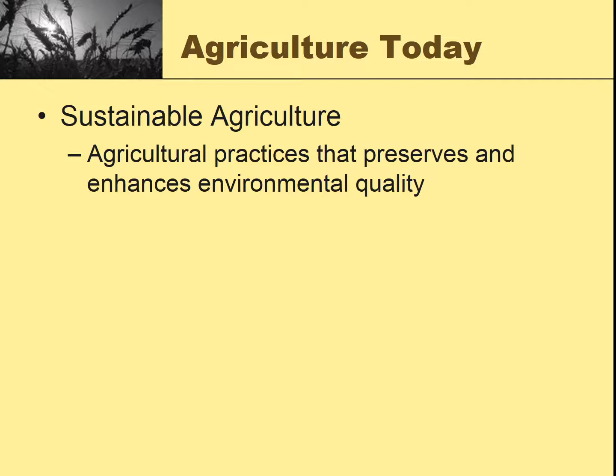Sustainable agricultural practices are those that preserve and even enhance the quality of the environment. Farms that use sustainable agricultural practices generally operate at lower costs, but there are also lower revenues. So this cuts both ways. Farmers have lower overhead, but generally they can't make as much money in the market.